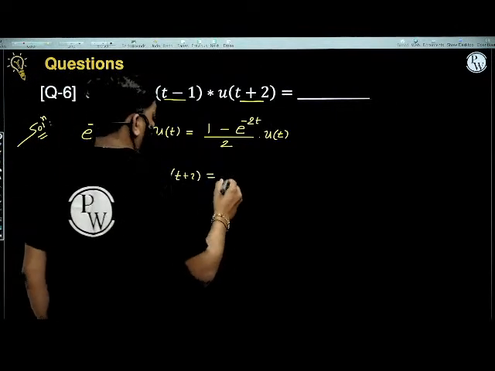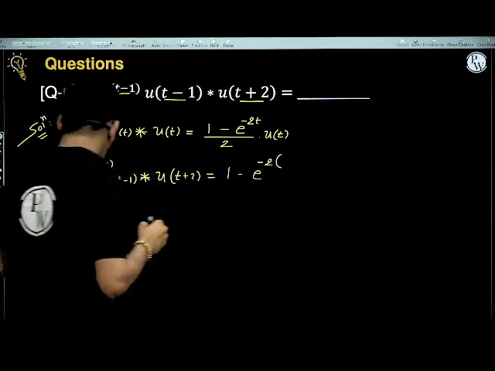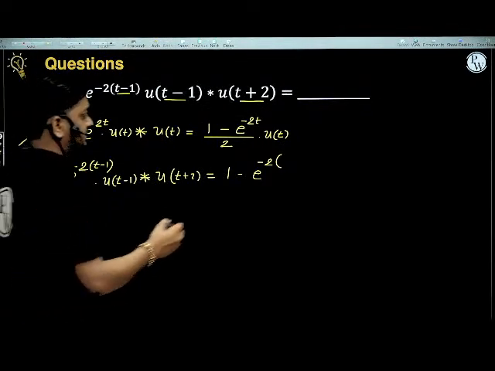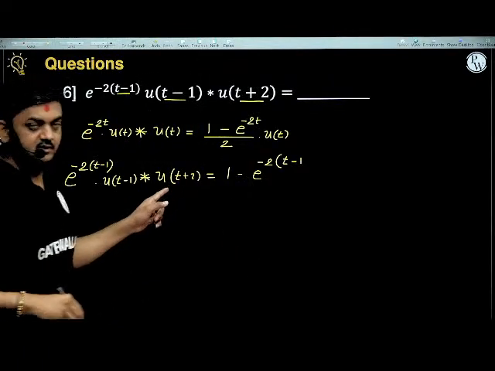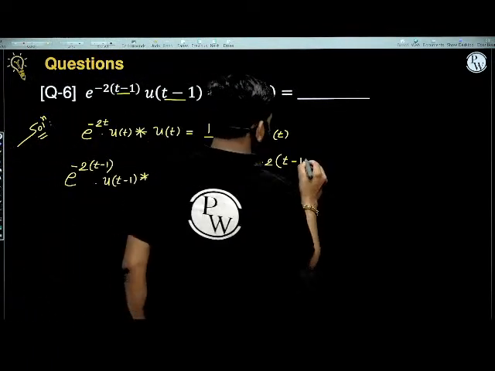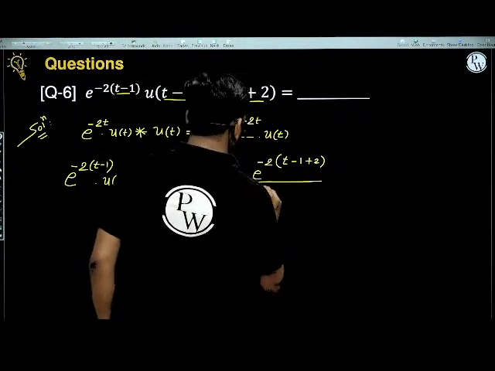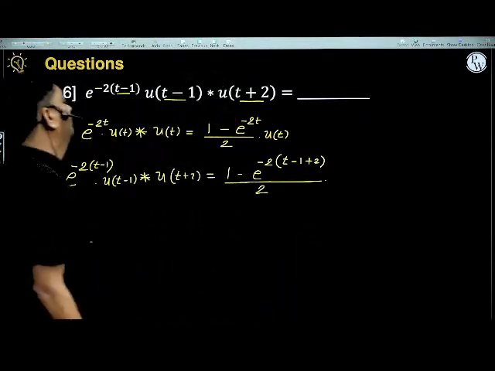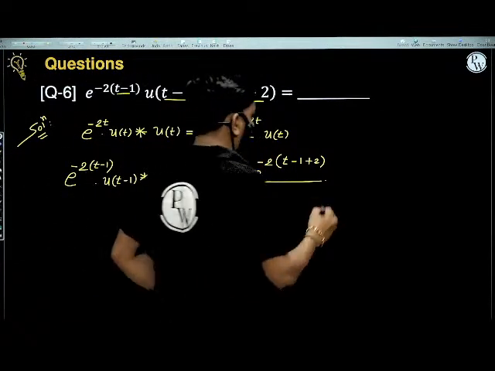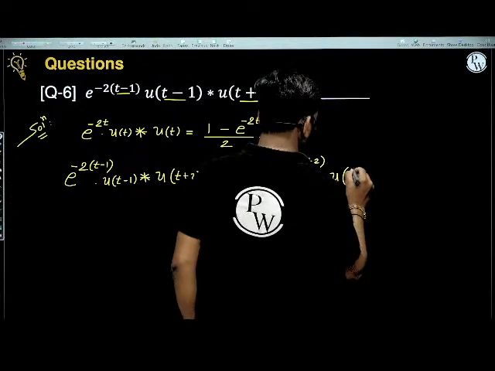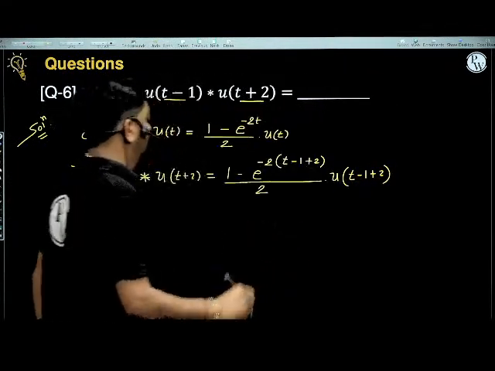So what is the overall effect? 1 minus e to the power minus 2 here, due to this t minus 1, t becomes t minus 1. Then due to this, guys, t becomes t plus 2, so it is plus 2 here, correct? Divided by 2 into u, where here also you have to replace t with t minus 1 plus 2, correct?